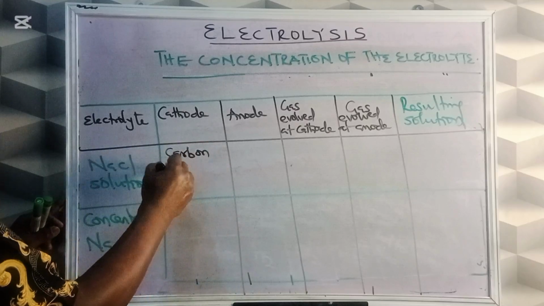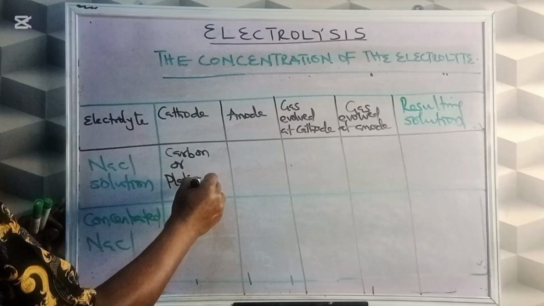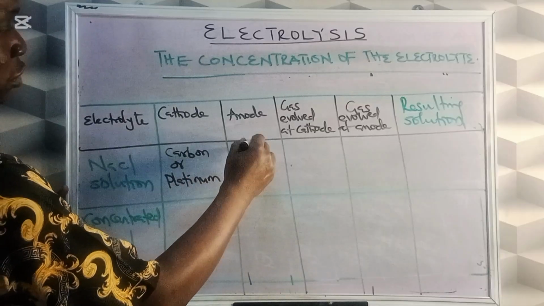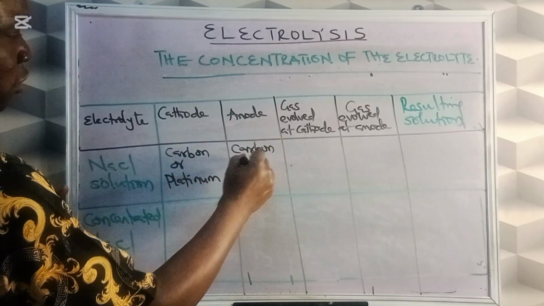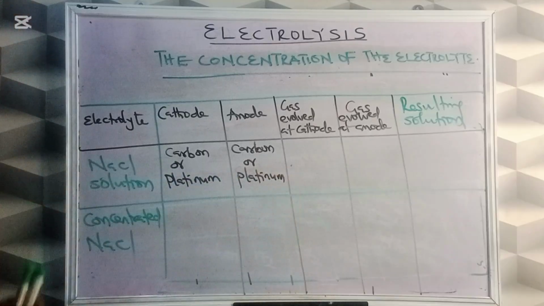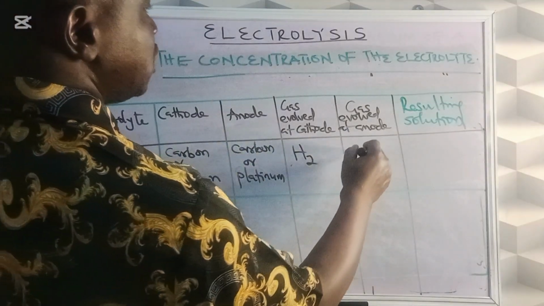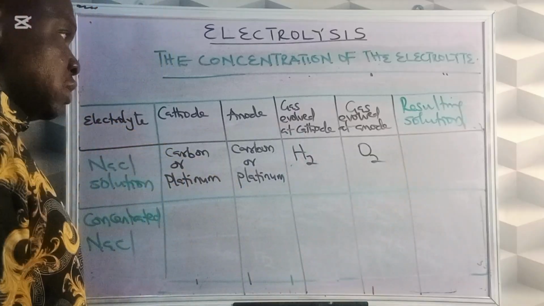That is graphite or platinum. Here also you can use carbon or platinum. None of the products will attack the electrodes. So the gas involved at the cathode, if you still remember, go and check. You say hydrogen, here it is oxygen.